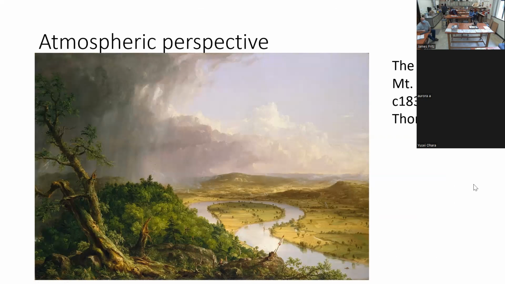All right, so atmospheric perspective. I forgot the painter's name. Thomas Cole, famous Hudson River School painter from the early to mid 19th century.